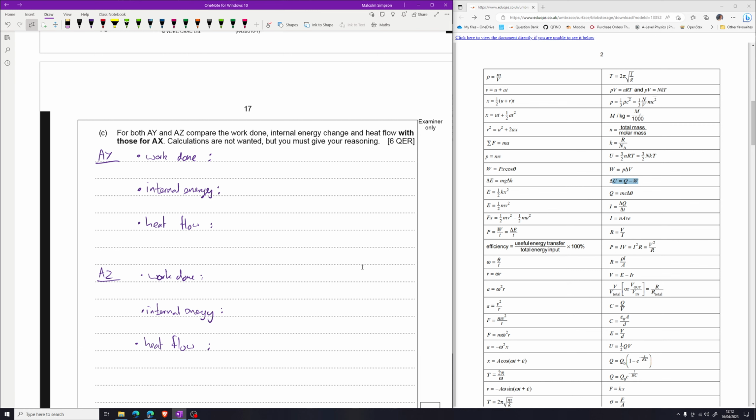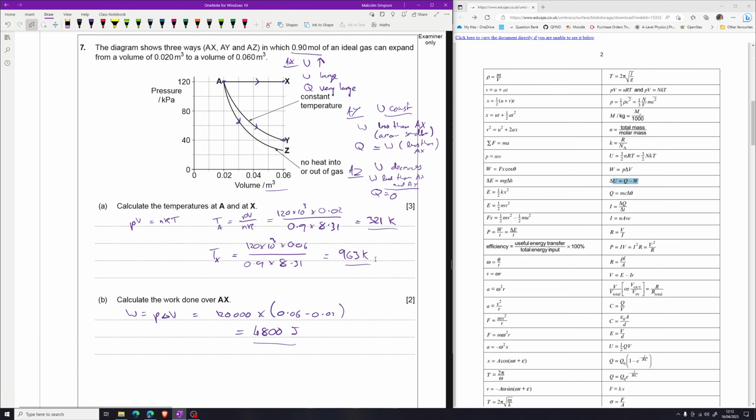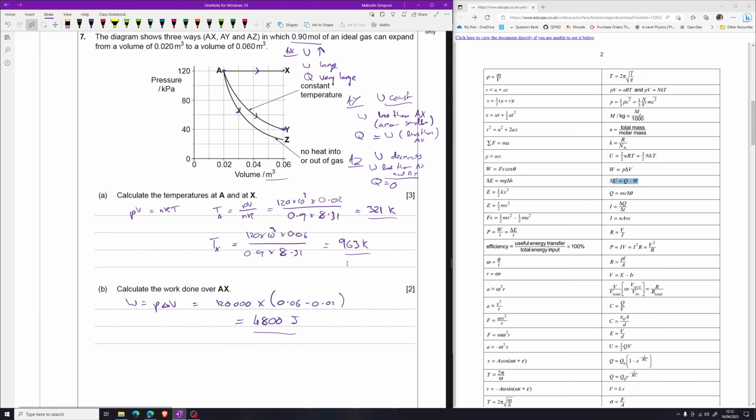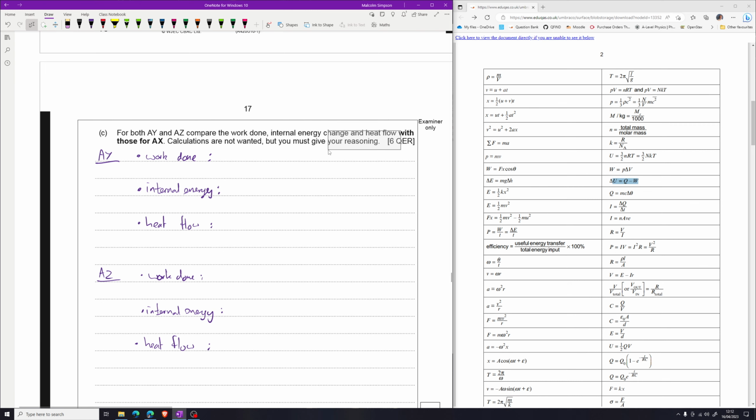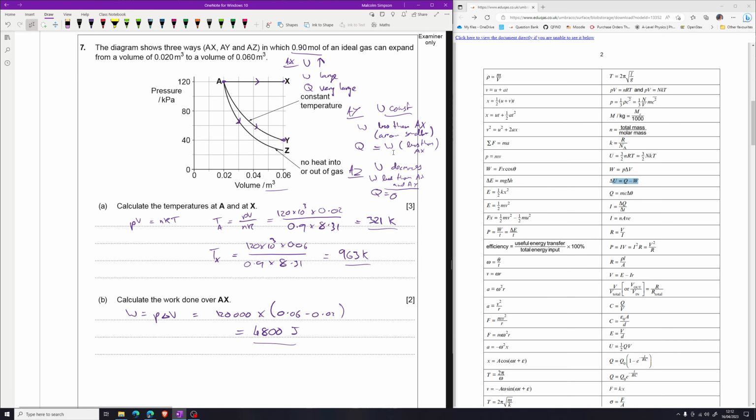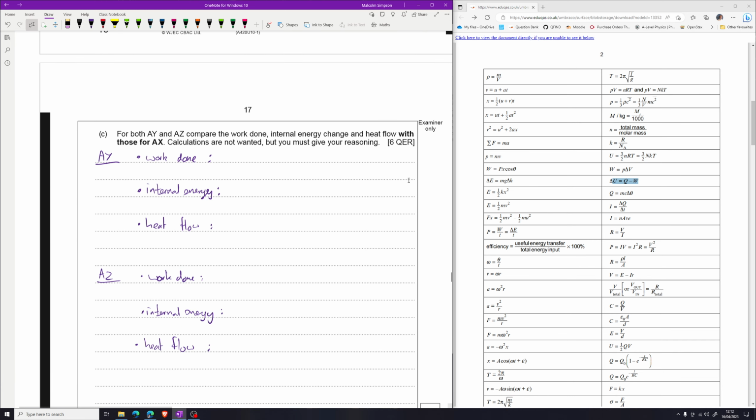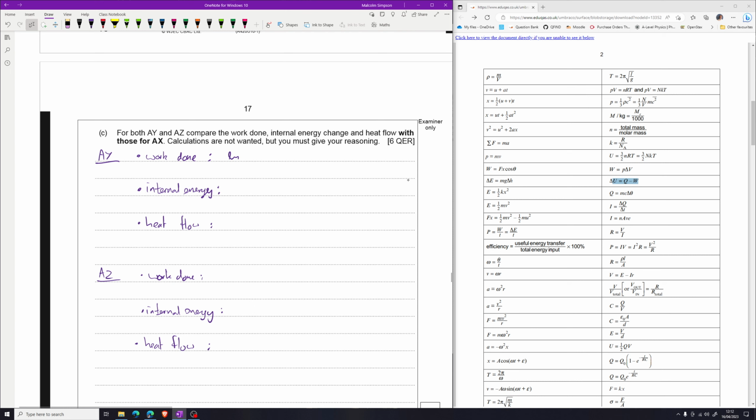So let's put all those comments in here and make sure in each case we always refer it to AX and what happened with AX. So first things first, work done less than AX, since pressure decreases, area under graph smaller.